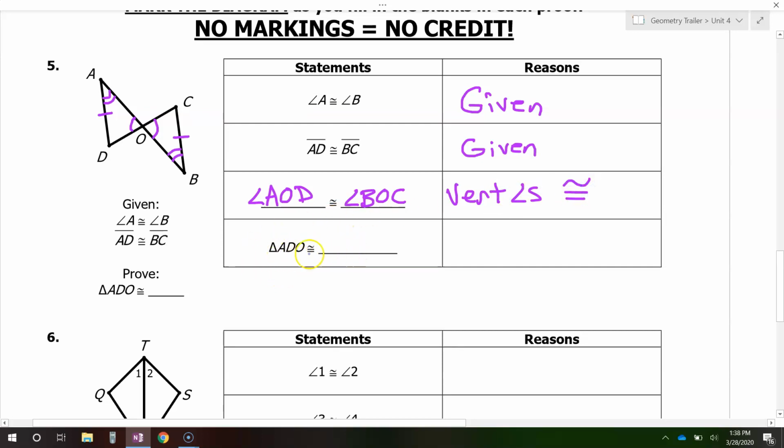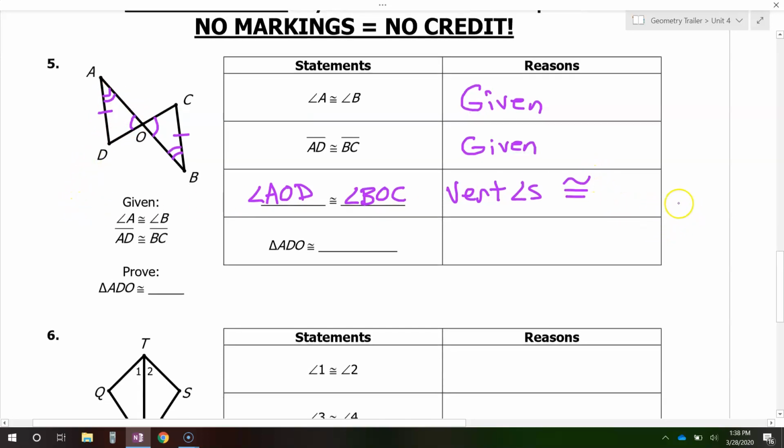All right, now it's time to say that the triangles are congruent. So just look at one triangle at a time. And I see that we have two angles and a side. All right, that tells me that we're either dealing with angle, side, angle, or it's going to be angle, angle, side.